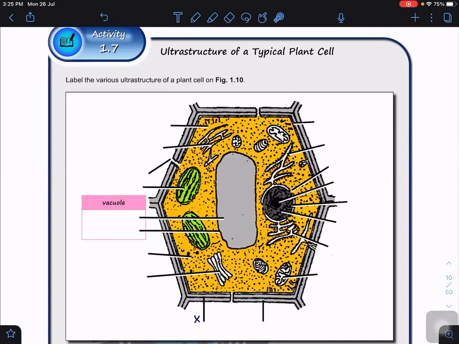The membrane, which I said is for plant cells only, animal cells no, is known as the tonoplast. And the fluid inside the vacuole is known as the cell sap.